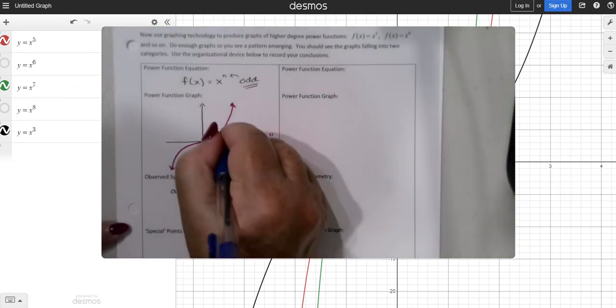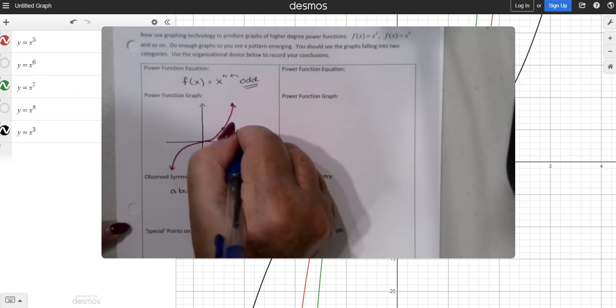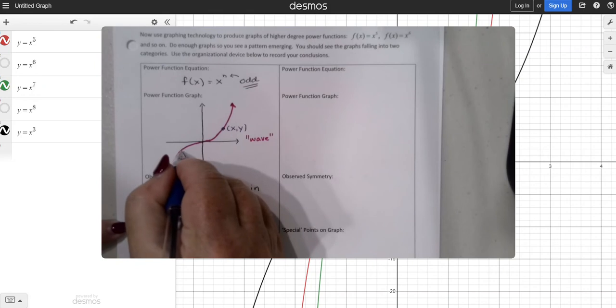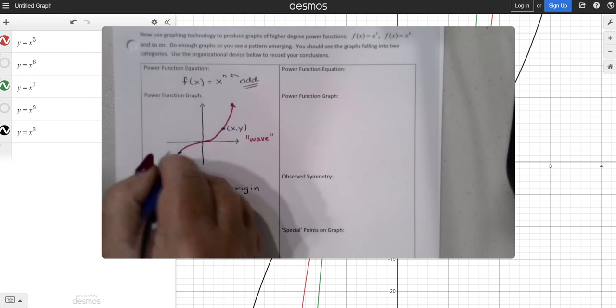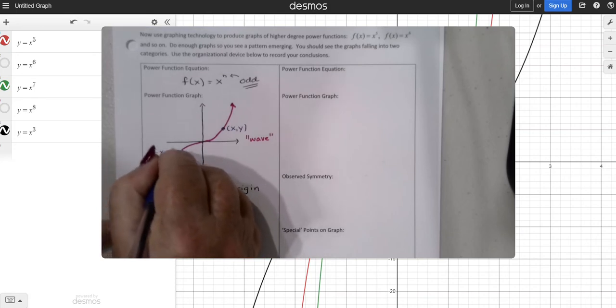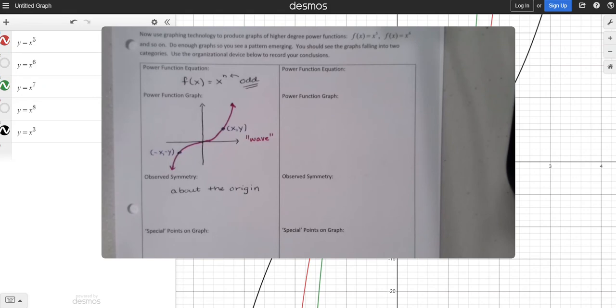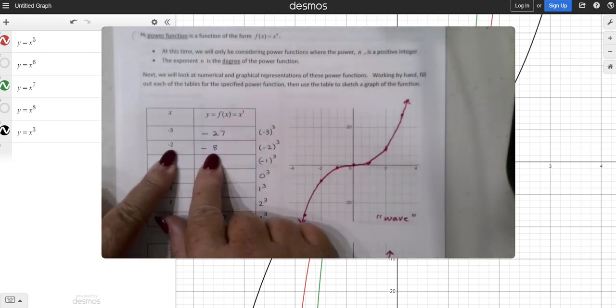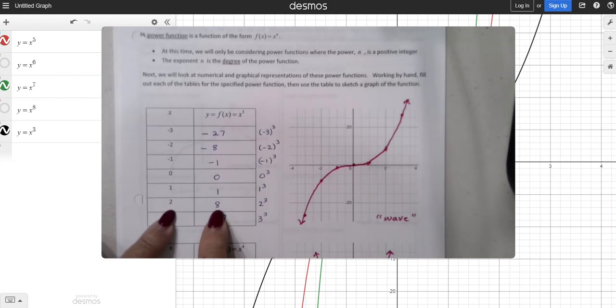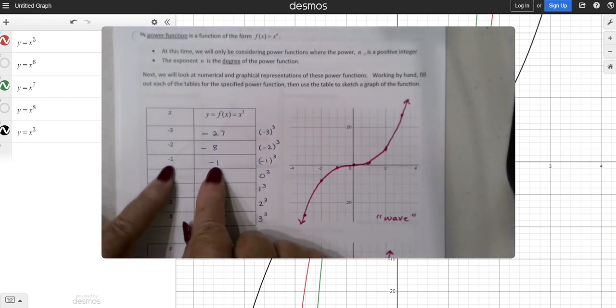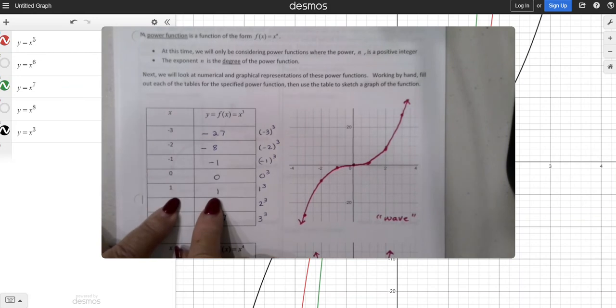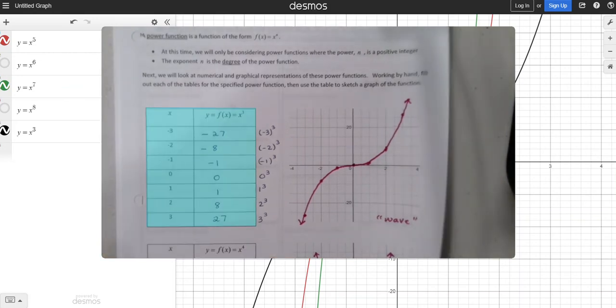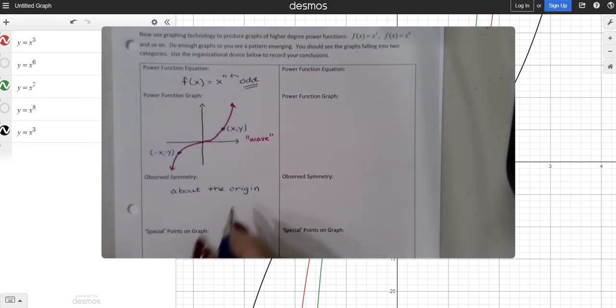If you have a point here, x, y, there's a symmetric point over here where the x is negative and the y is negative that's also on the graph. We actually didn't comment on it at the time, but we saw it right in the table, right? If I have negative 2, negative 8, I also have positive 2, positive 8. Negative 1, negative 1, positive 1, positive 1.